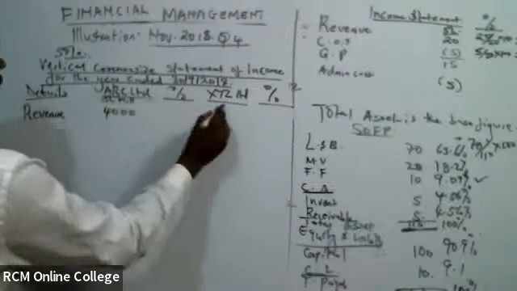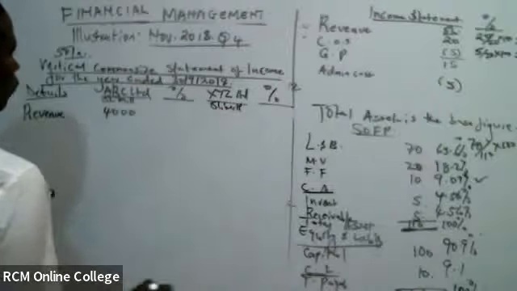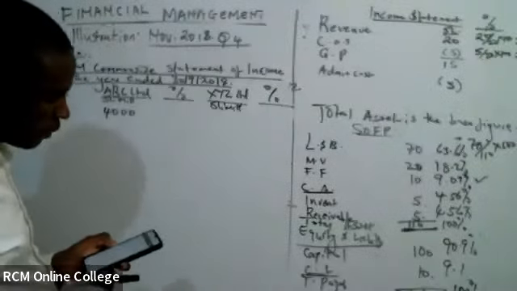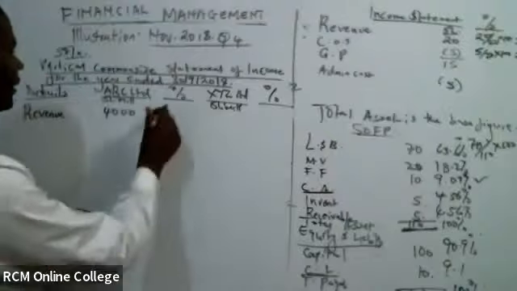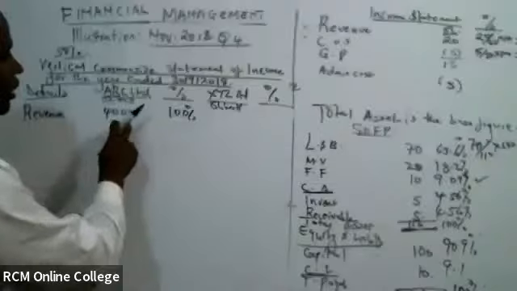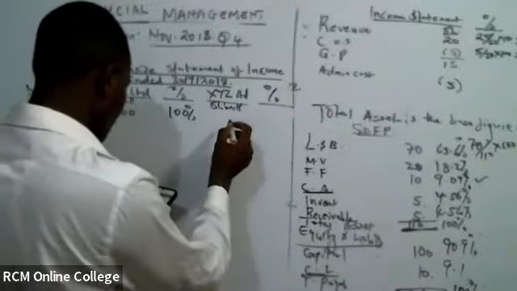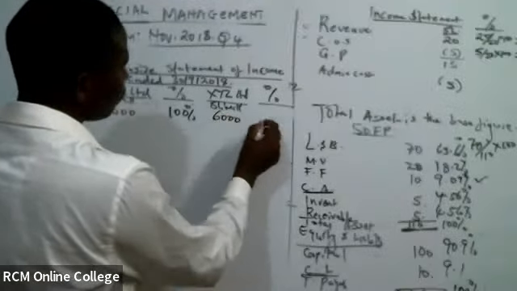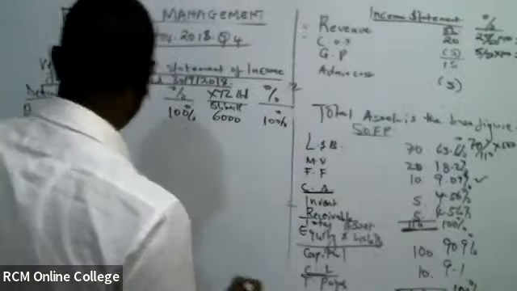Now, our percentage of sale will be 100%. This is 4,000 divided by 4,000 times 100. And then when you come to XYZ, here we have 6,000. So this as well will be 100%.